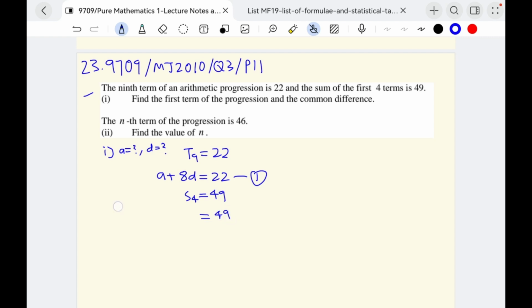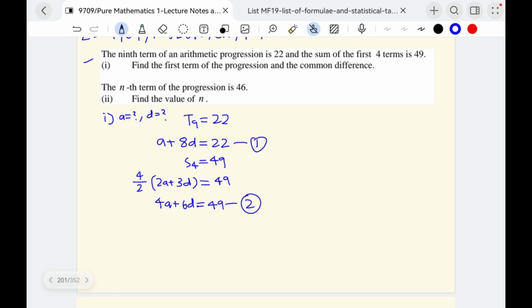Okay, this is 4 over 2, times 2A plus 4 minus 1, which is 3D. So 4 over 2 is 2, 2 times 2A is 4A, plus 6D is equal to 49. This is your second equation.